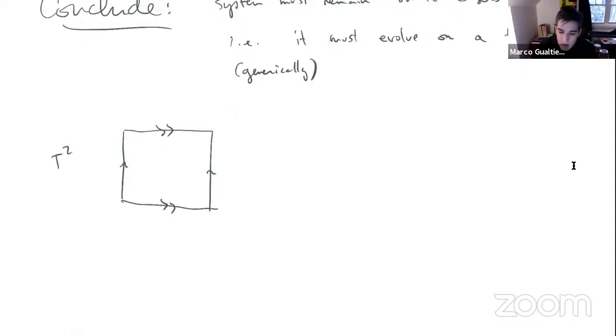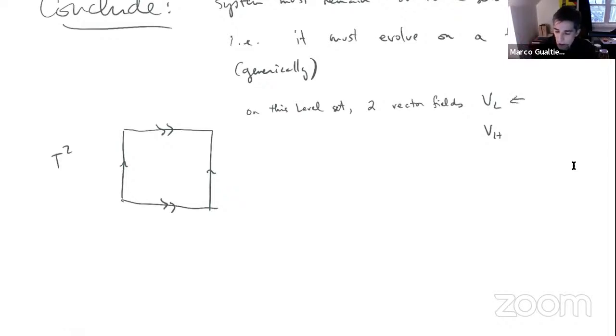So on this torus, on this level set, there are two vector fields, VL and VH. Okay, and the VL is basically a symmetry. This is a rotational symmetry.